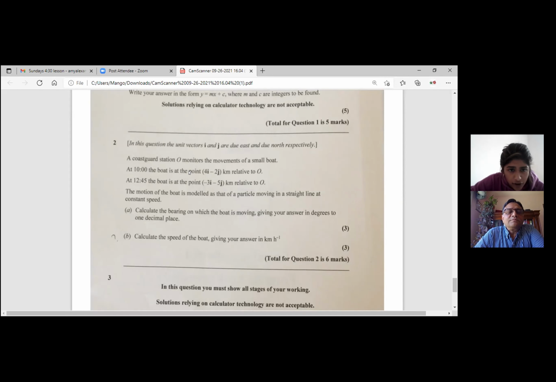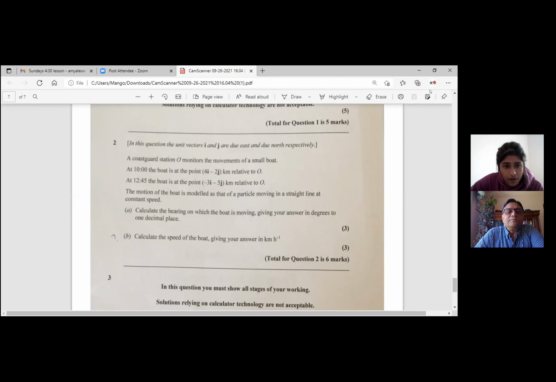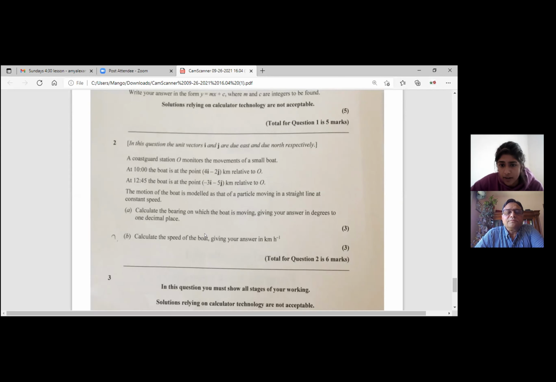At 10 o'clock, the boat is at the point with vector 4i minus 2j kilometers relative to O. At 12:45, the boat is at point minus 3i minus 5j kilometers relative to O. The motion of the boat is modeled as that of a particle moving in a straight line at a constant speed. Part A: calculate the bearing on which the boat is moving, giving your answer in degrees to one decimal place. So bearing means from the north, correct?